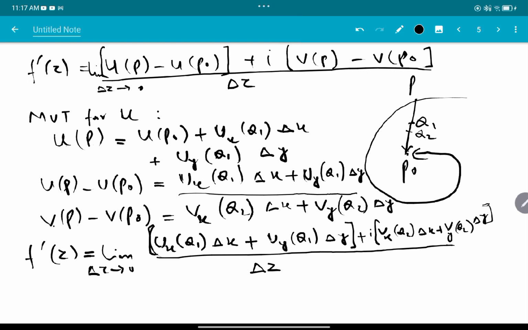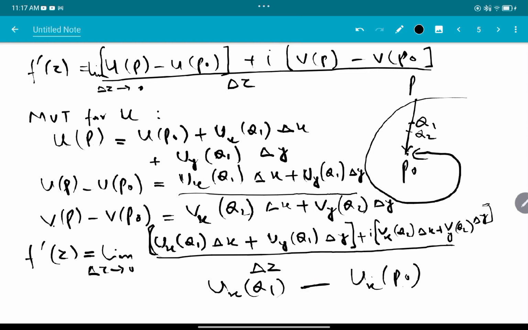Let's explain it like this. I have ux q1, the partial derivative evaluated at q1. Instead of this, I will write the partial derivative x evaluated at p naught. How much is the error that I am committing? The difference of these two, ux q1 minus this. This much is the error.